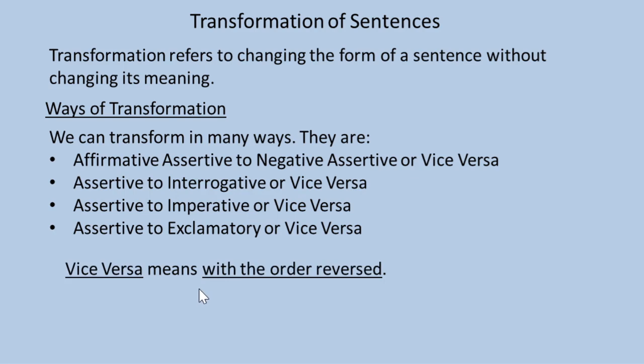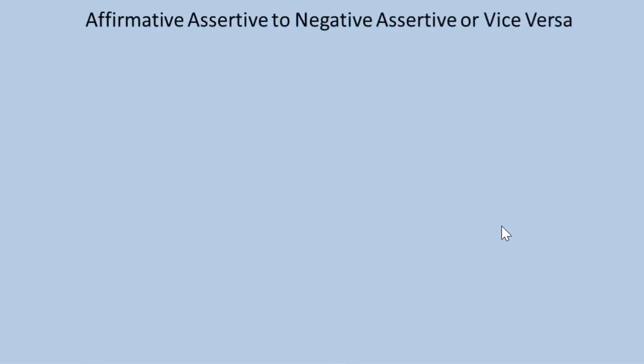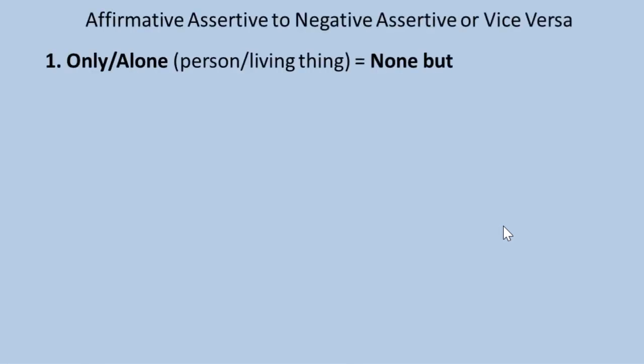Here vice versa means with the order reversed, that is affirmative assertive to negative assertive, or negative assertive to affirmative assertive. So affirmative assertive to negative assertive, or vice versa. This is my today's topic.